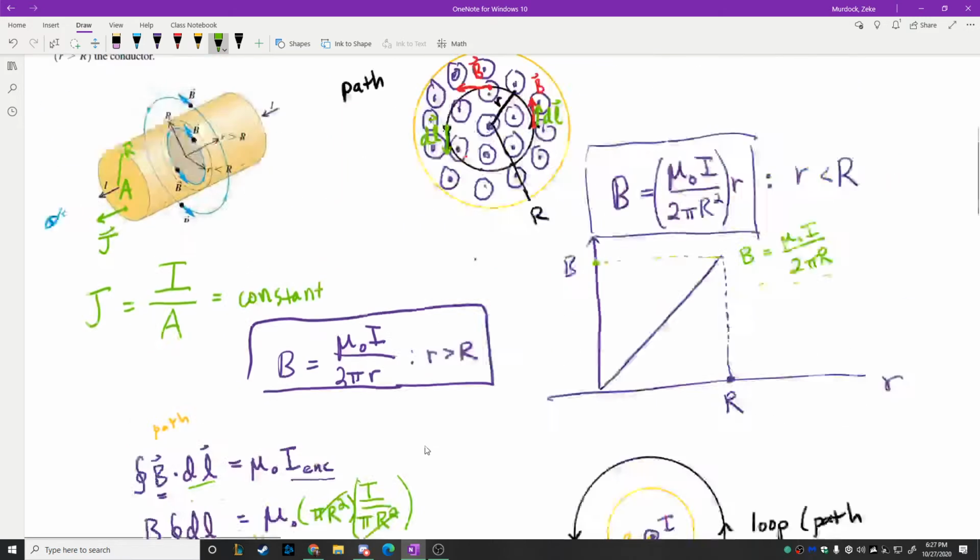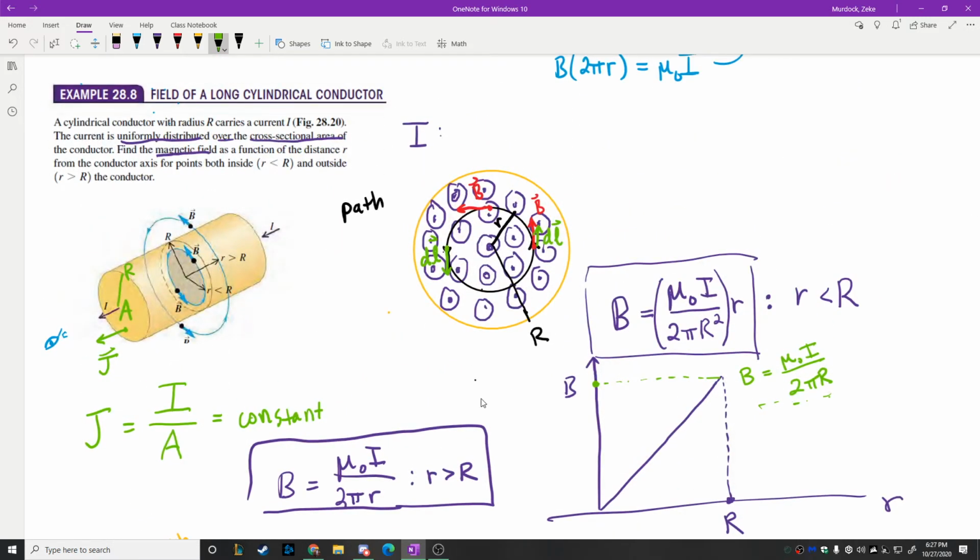So what's another way we could have done this process here? There is another version of Ampere's law. We're going to get the same answer here, so maybe we can leave that there. There's another version of Ampere's law where you write it like this.